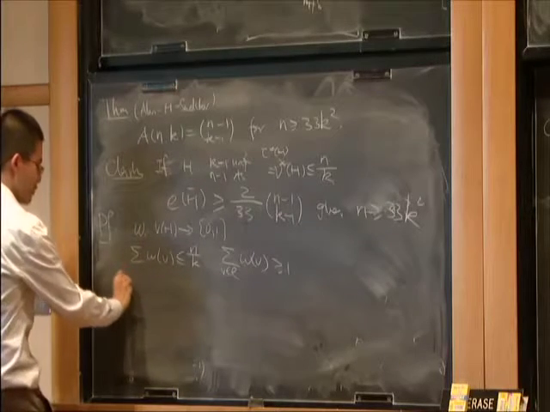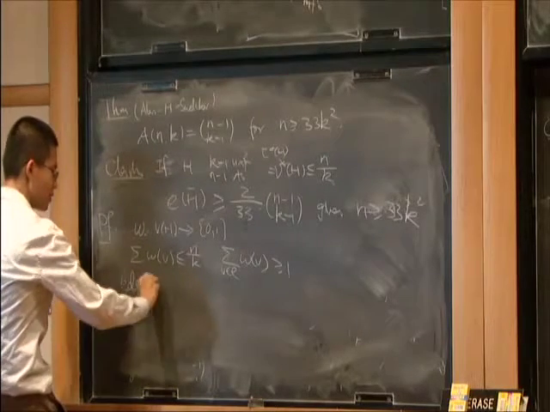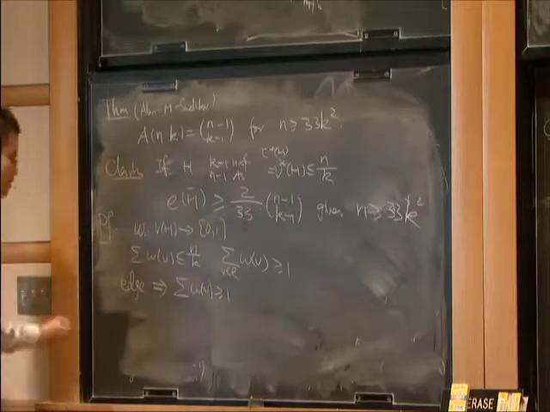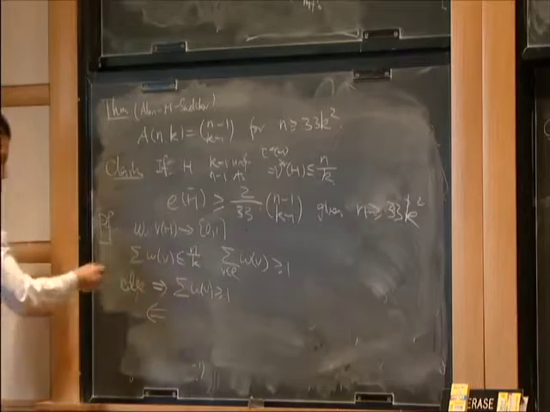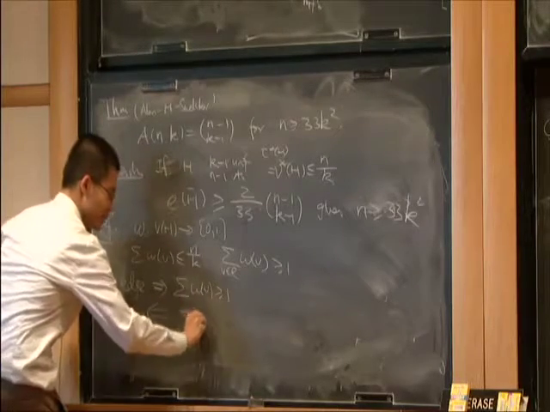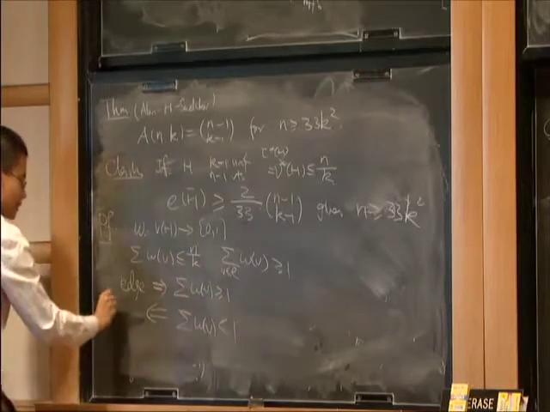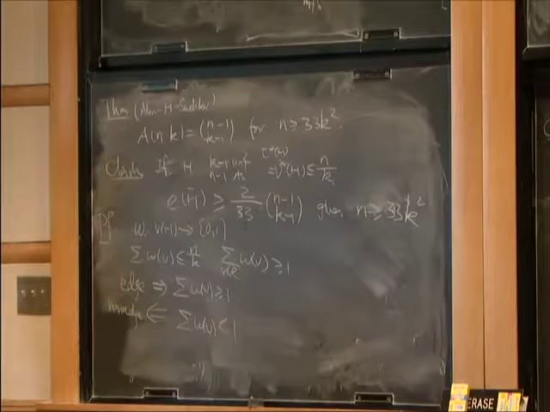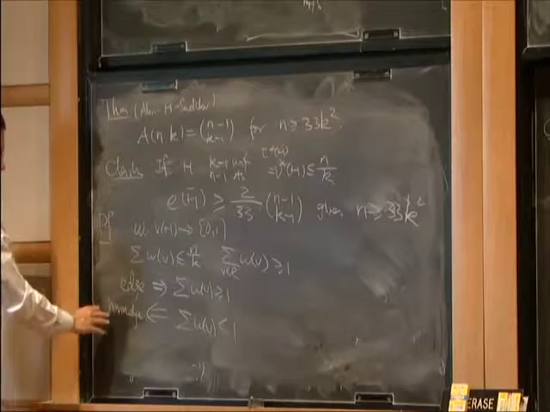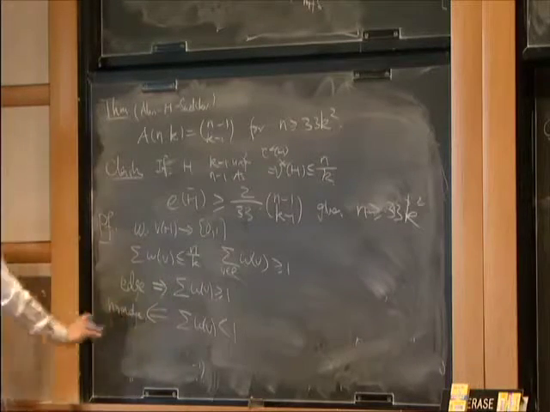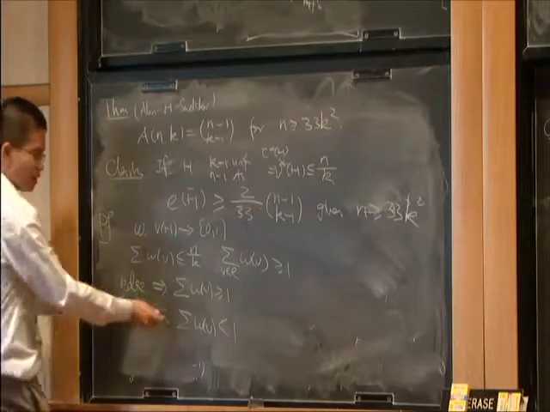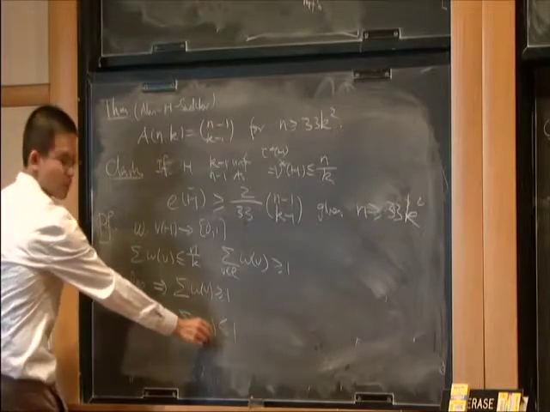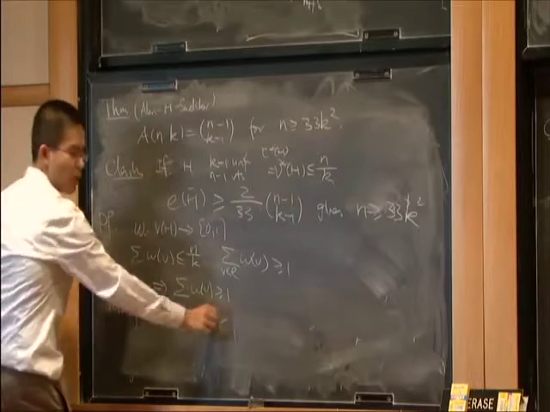Now if we have an edge, then the sum of the weight is at least 1. Conversely, if the sum of the weight is strictly smaller than 1, then we have a non-edge. So we can give a lower bound on the number of non-edges by the probability that you randomly choose a k minus 1 tuple such that the total weight is smaller than 1.